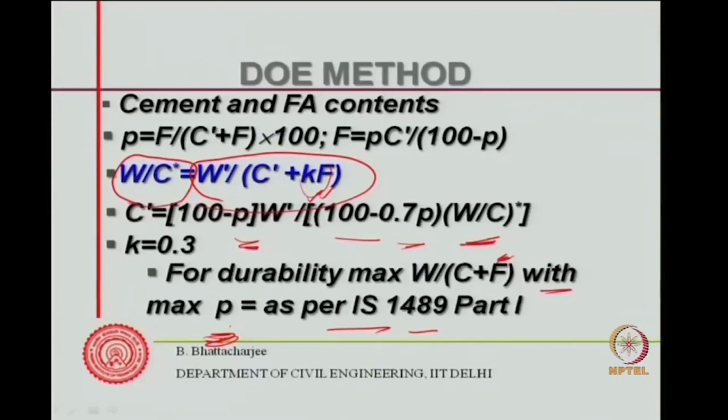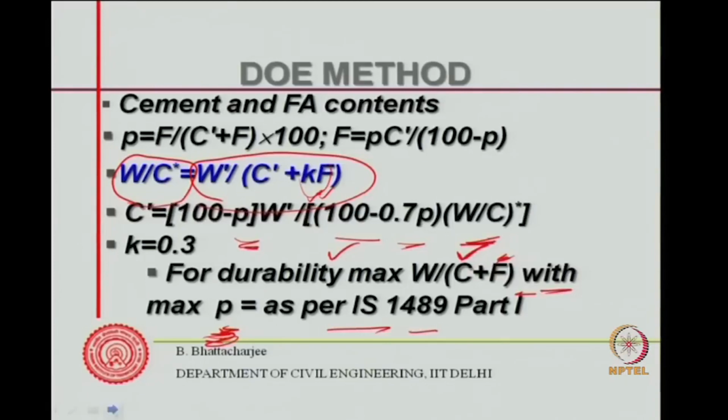So P should not cross this limit if you are using it in this formula, and this is true for the IS method as well. So it is the maximum water to C plus F instead of maximum water content. This we will discuss again when we talk of durability.